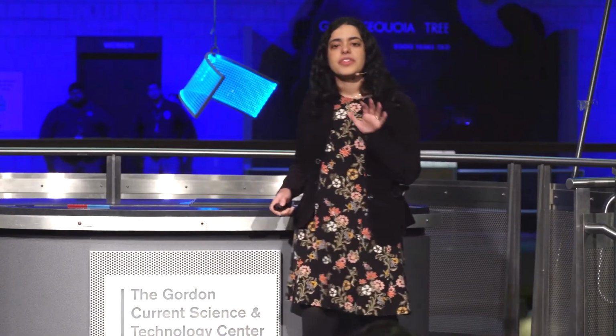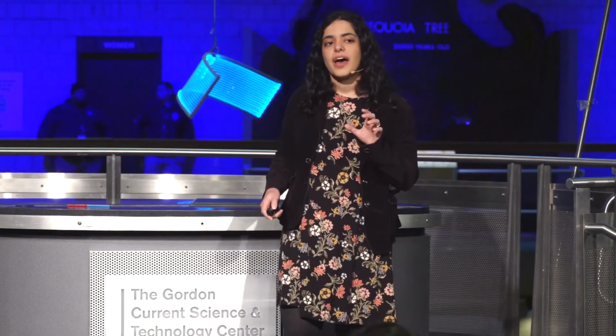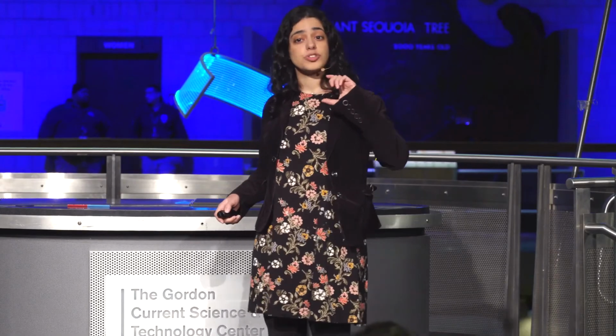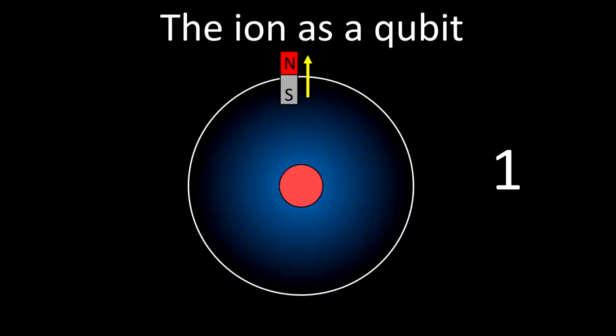One way you can think about spin is to think about the electron as also being like a little bar magnet. This bar magnet can point up, north-south, and when it does, I'm going to say that the ion is storing a 1, or it can point down. And when it's pointing down, I'm going to say the ion is storing a 0.